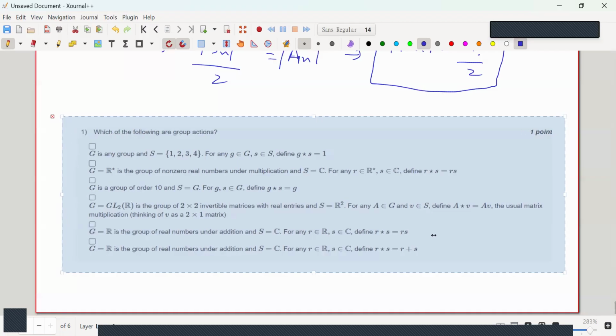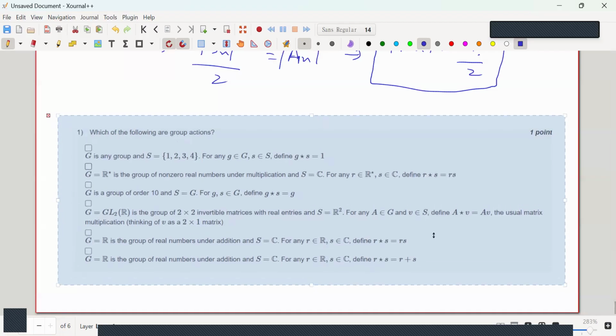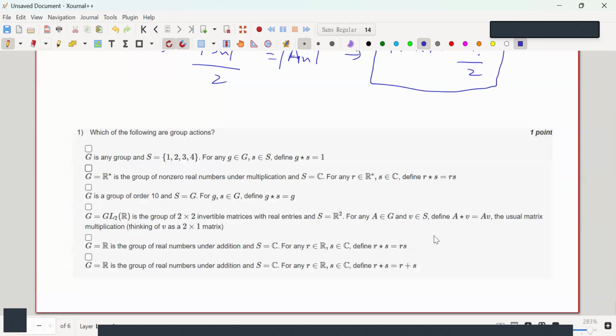First question: which of the following are group actions? For the first one, what is your guess? No, sir. Why? The identity times s should give me s, but here it always gives me 1. Correct.